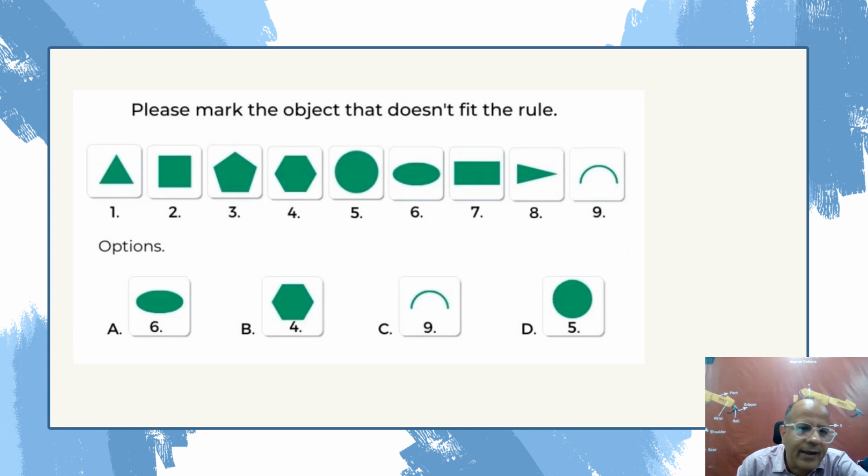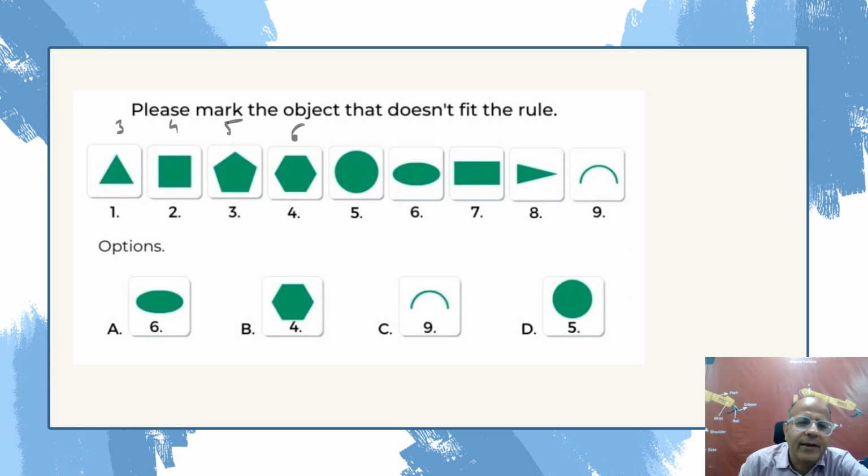This is a triangle. This is a square. This is a five-sided pentagon. Then this is a hexagon. So if you go with this kind of pattern making, your thinking is such that this is a three-sided figure, then a four-sided, a five-sided, a six-sided, but this is a circle, so it does not have sides.